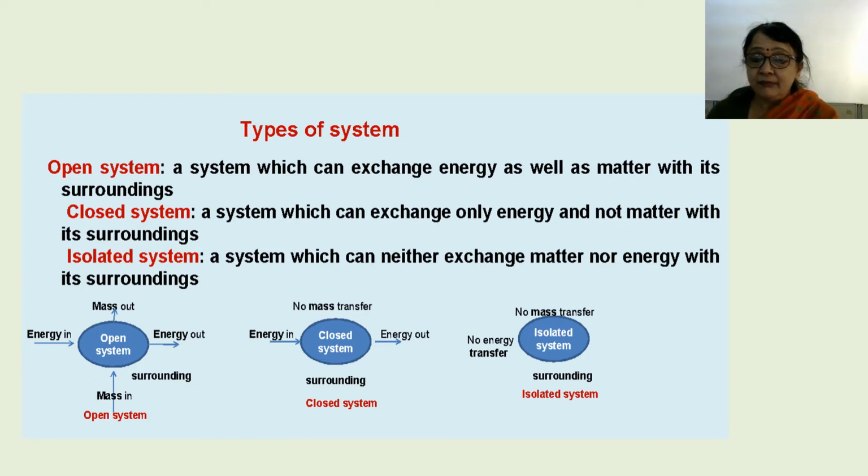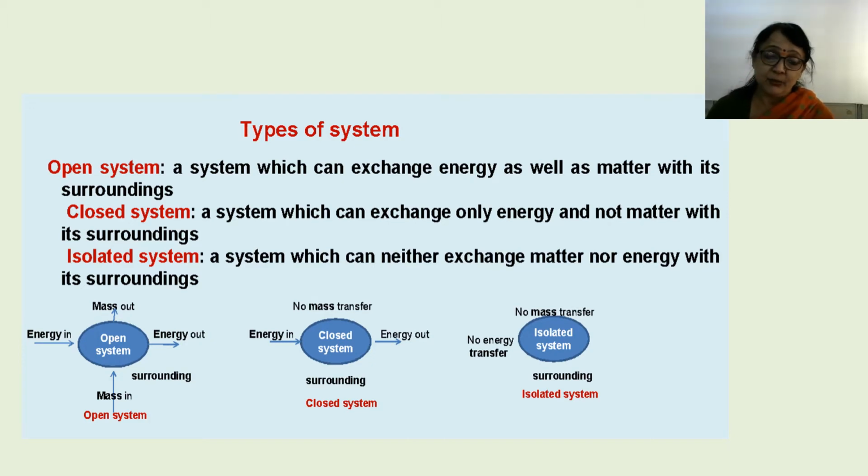As the figure represents, in an open system, energy as well as mass can both be exchanged between system and surroundings, whereas in a closed system, only energy can be exchanged between system and surroundings. And in an isolated system, neither energy nor mass can be transferred between system and surroundings.